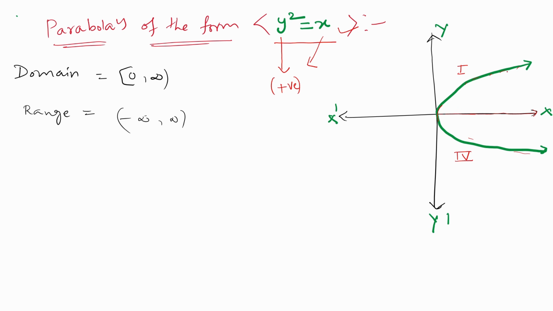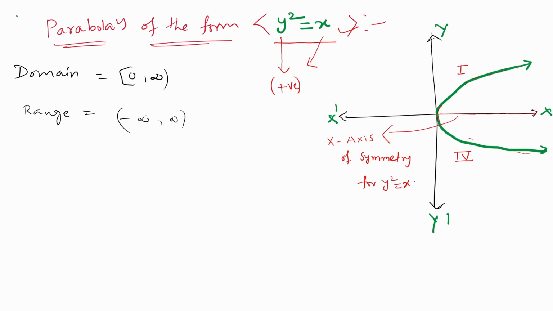This entire graph can be divided into two equal parts with the help of x-axis. That's why I can call x-axis the axis of symmetry for y square is equals to x.